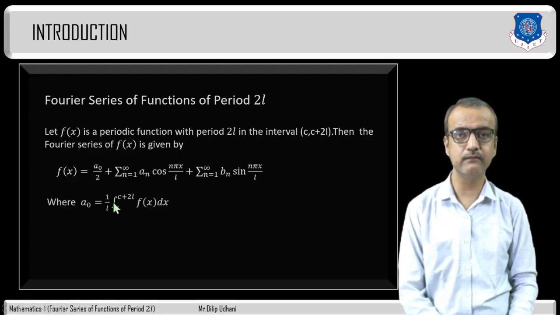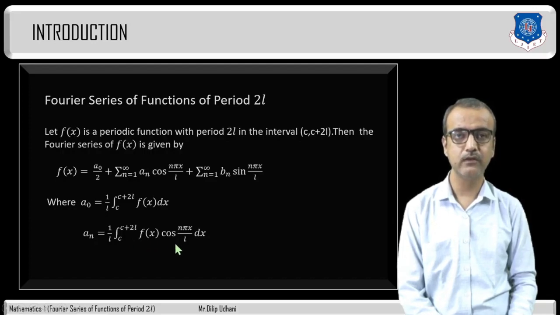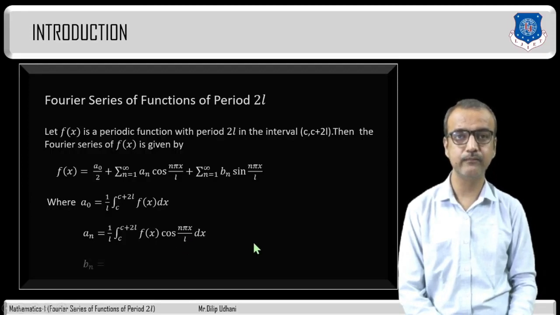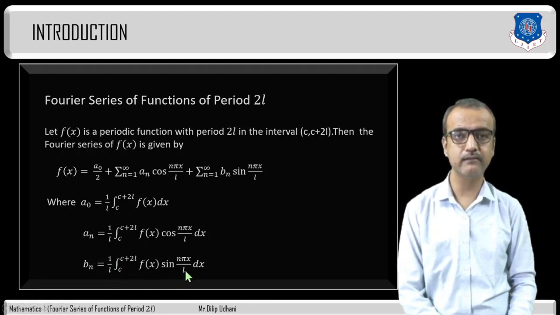where a0 is 1 upon L integration from c to c plus 2L f(x) dx. a_n is 1 upon L integration from c to c plus 2L f(x) cos(n pi x by L) dx, and b_n is 1 upon L integration from c to c plus 2L f(x) sin(n pi x by L) dx.